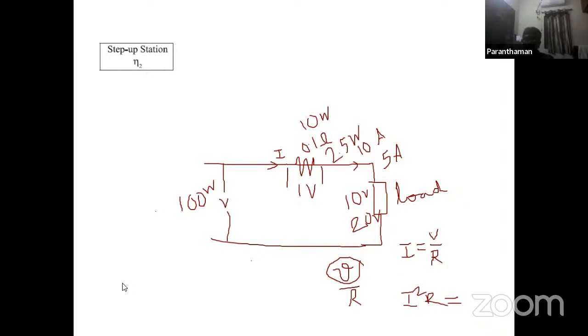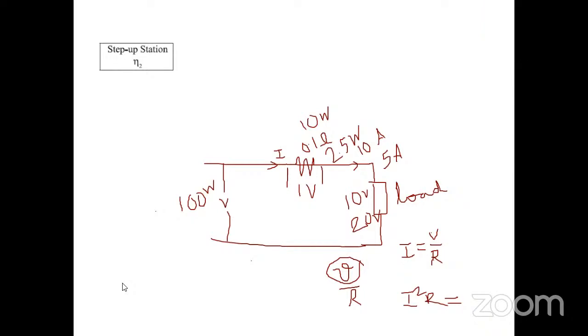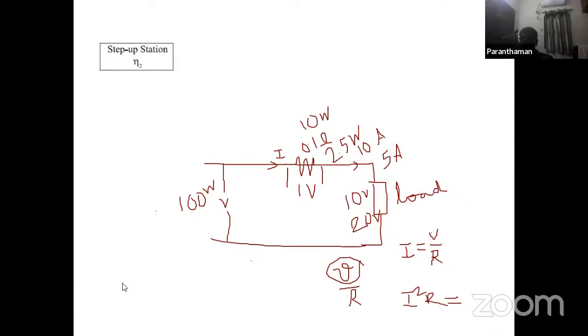Utilization is different, so now I'm talking about the generation. Here we are utilizing 1 unit, but there we are generating 2 units. Correct.